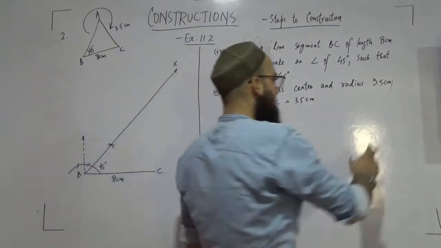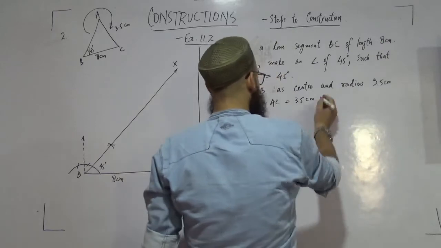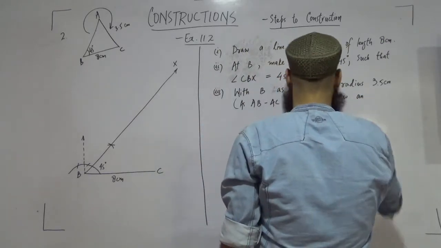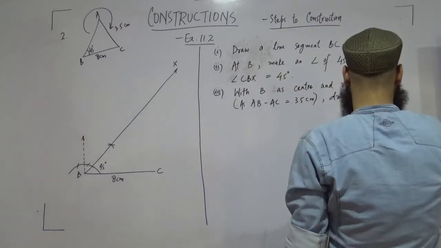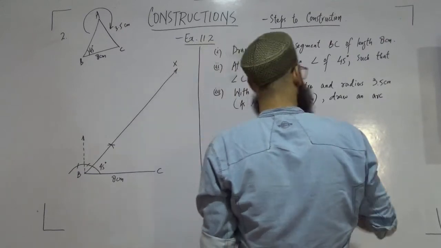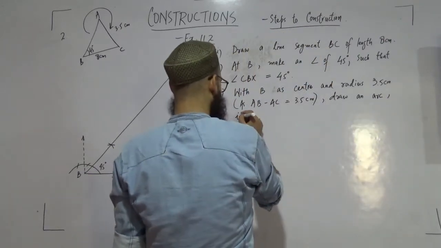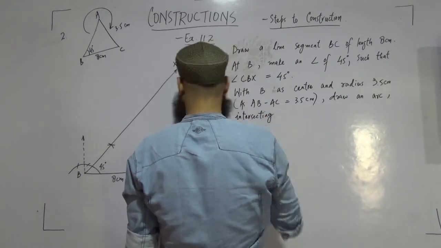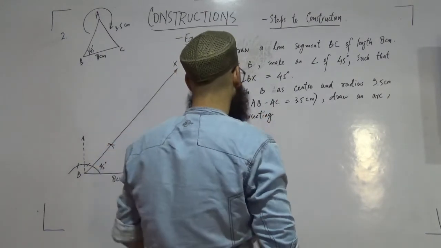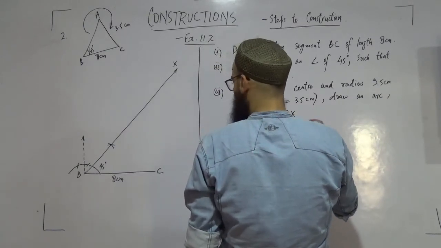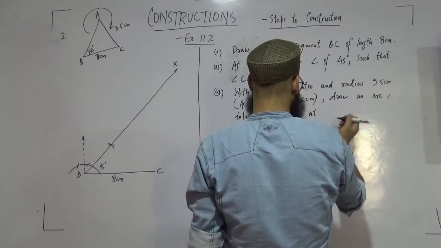With B as center and radius 3.5 centimeter, draw an arc intersecting BX at some point, say Y.